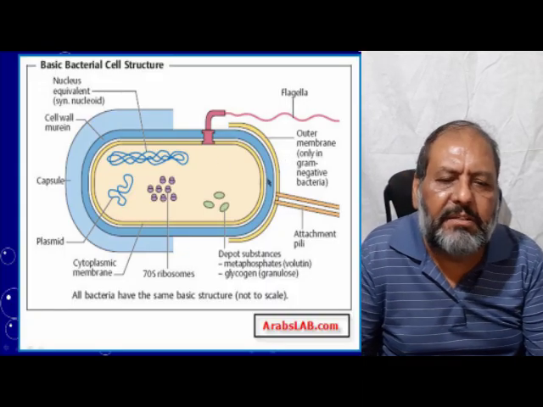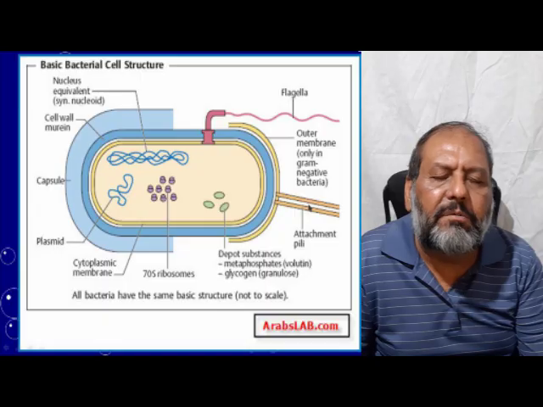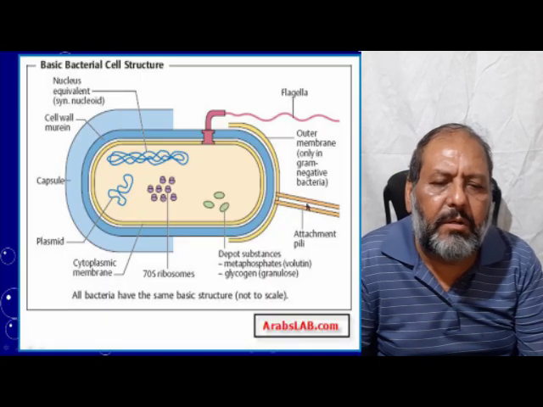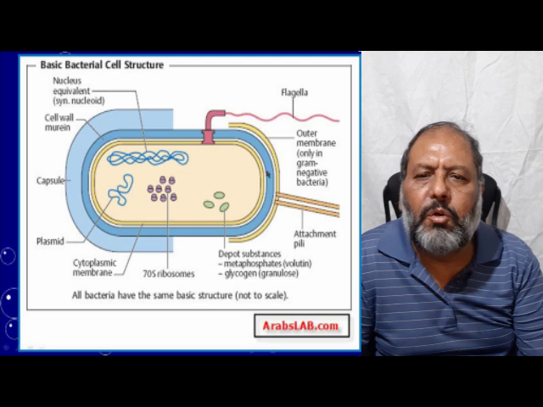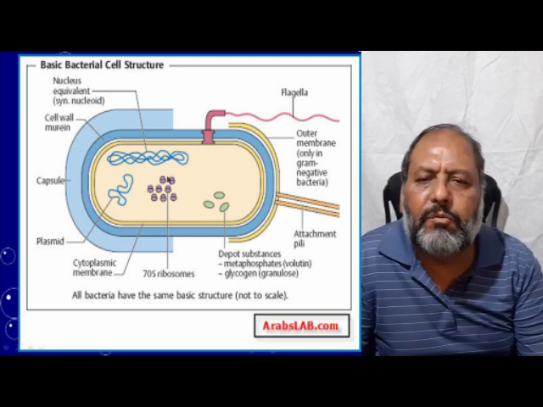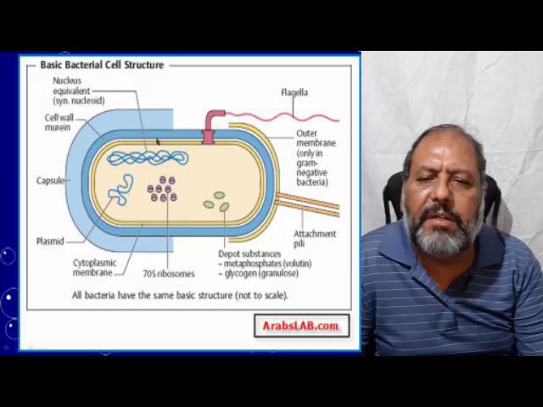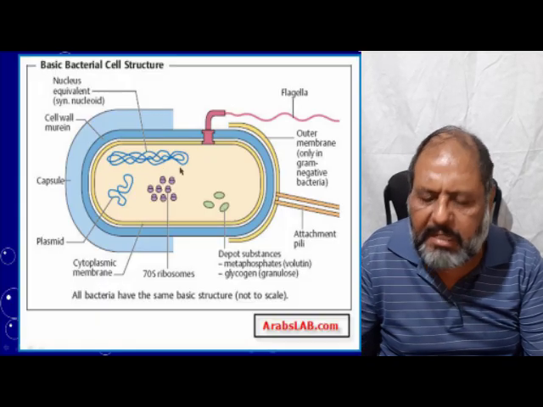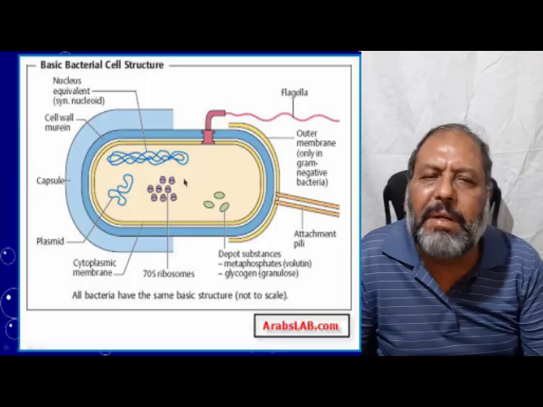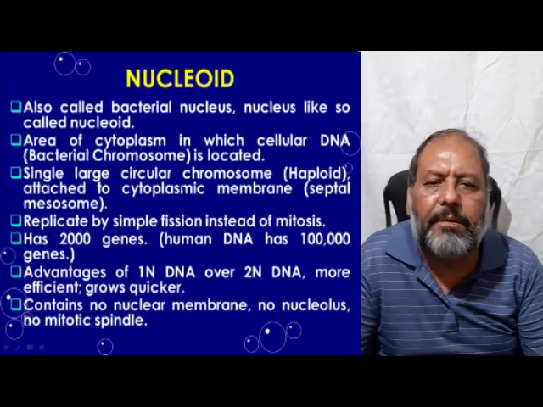And these are the attachment fibers, which are the pili or fimbriae of the bacteria. So if we go from inside to outside, from the nucleoid to the capsule, we can see the different structures which are the basic bacterial cell structure.